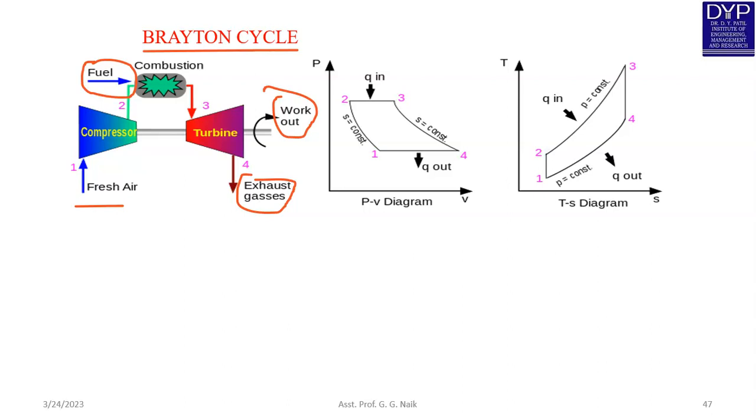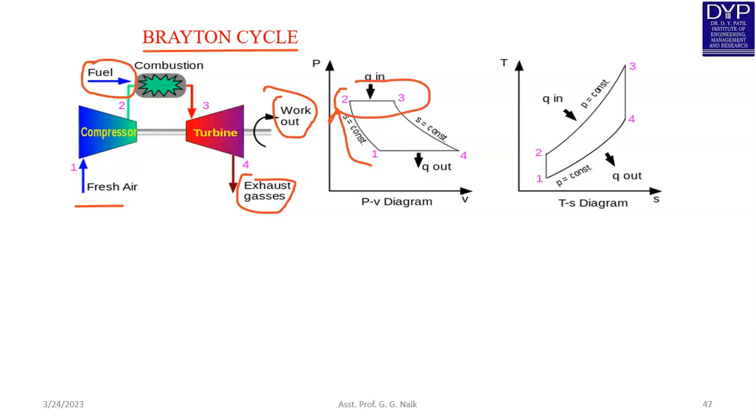Now here if you see on the PV diagram, there are again four processes. Process 1 to 2, that is the air is compressed in the compressor, an isentropic compression process. In 2 to 3 process, heat is added in the combustion chamber at constant pressure.